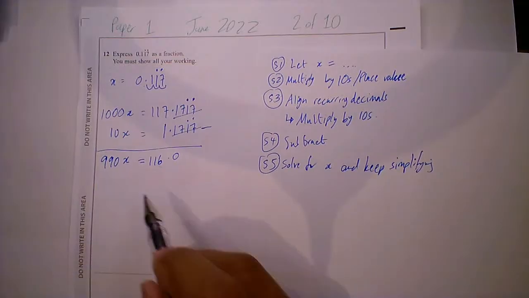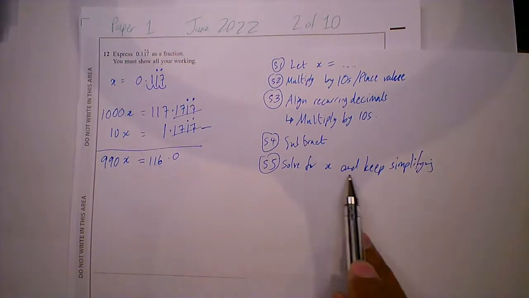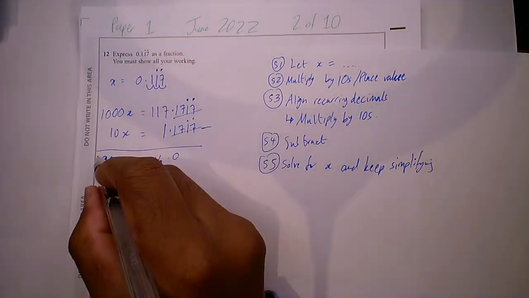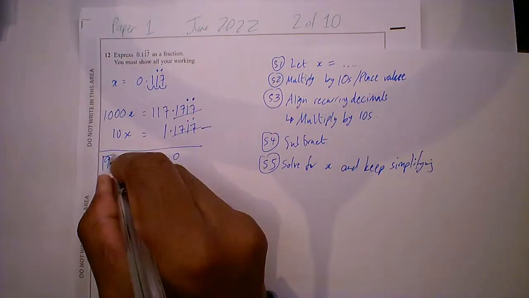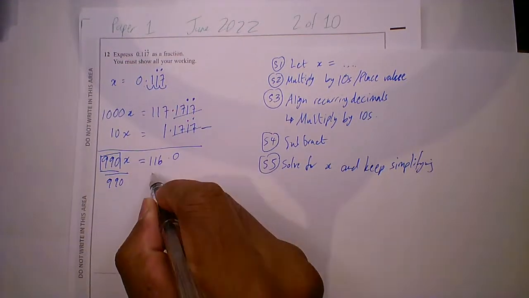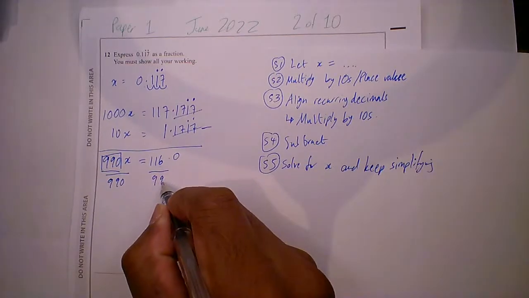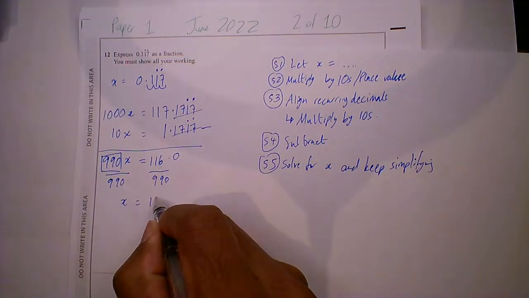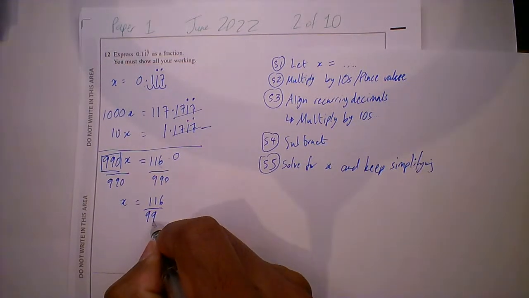And now I need to do my next step, which is to solve for x and keep simplifying. So here I am going to be dividing by 990. x equals 116 over 990.